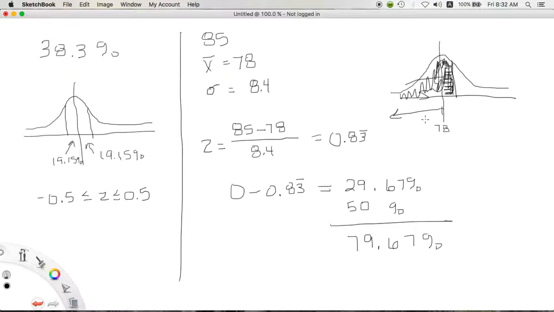And one standard deviation away, a z-score of 1, is 68% of the data. On your chart, you'll notice it'll say 0.34, but remember that's from 0 to 1, so you have to double that. So you need to know that.